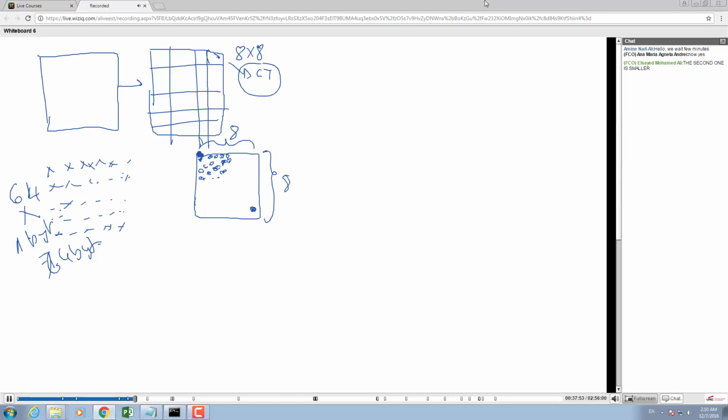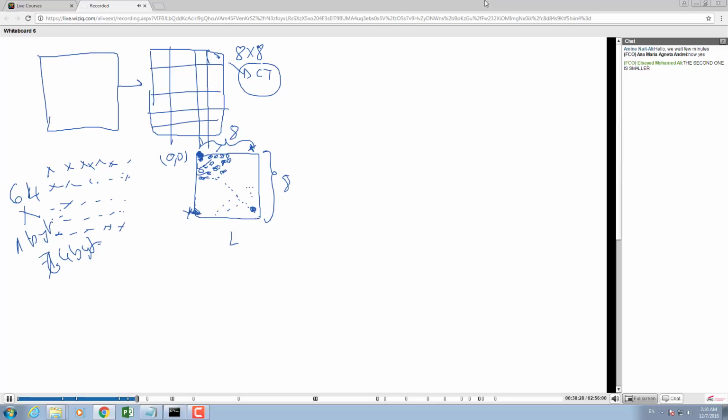Because in the DCT, you have frequencies in the X direction and in the Y direction. So here you have the frequency 0, 0. What does it mean? It means you have a frequency 0 in the direction X and frequency 0 in the direction Y. So here you have low frequencies and here you have high frequencies.